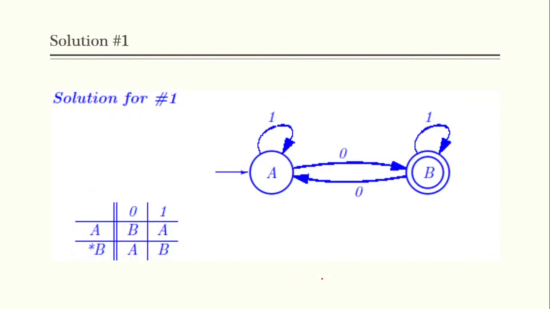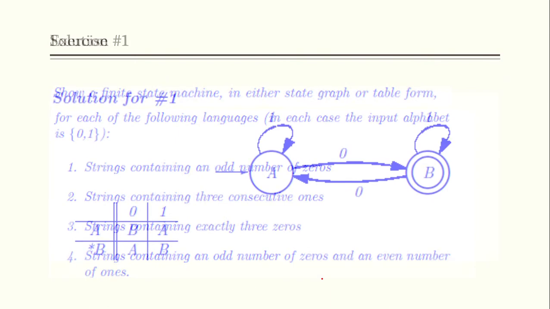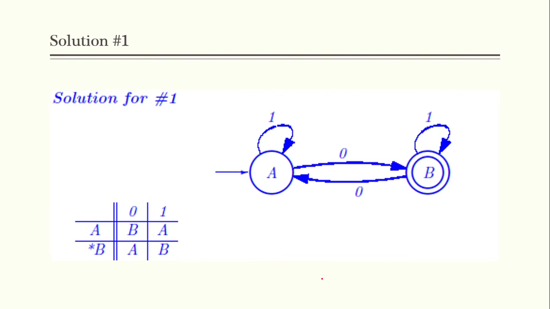Okay, the first one just now is strings containing an odd number of zeros. So for this finite state machine, the output should be an odd number of 0s. Let's see the walkthrough for this machine. You start with A. Let's say you go A to A, which is 1.